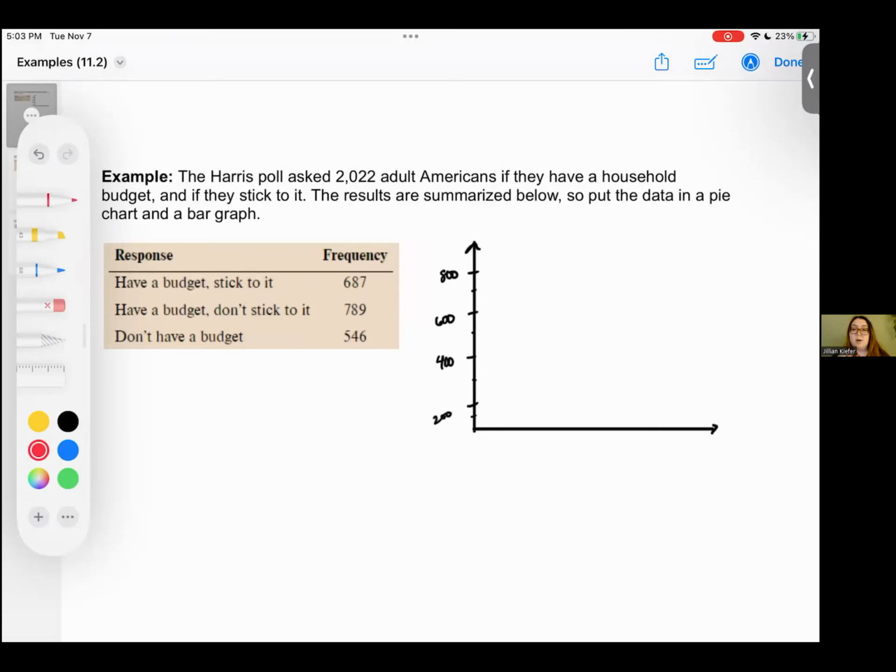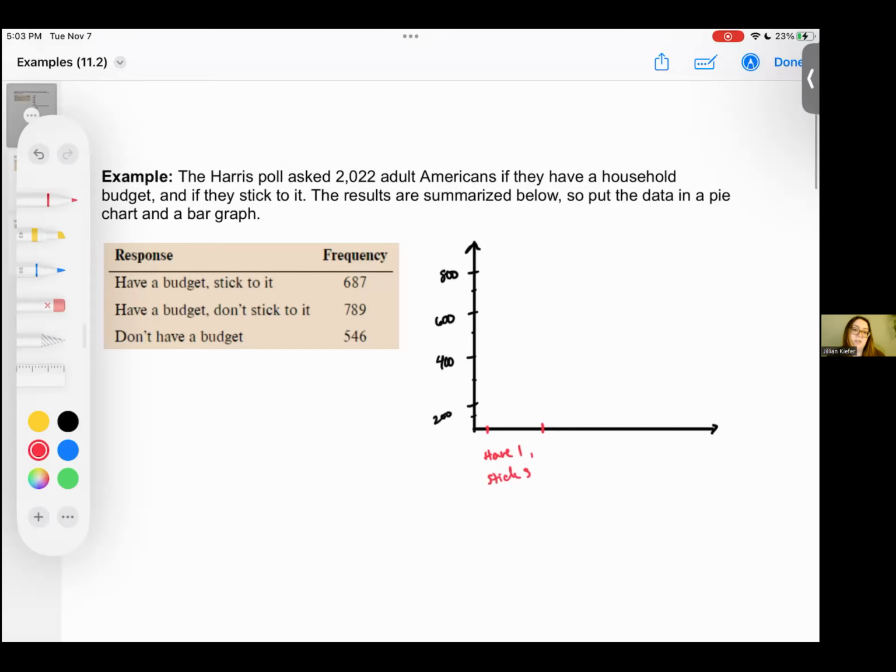Now we can set up our different bars. For the first one, we say we have a budget and we stick to it, so we're going to need to label that. We can make little notches in here, and that'll be the first one.